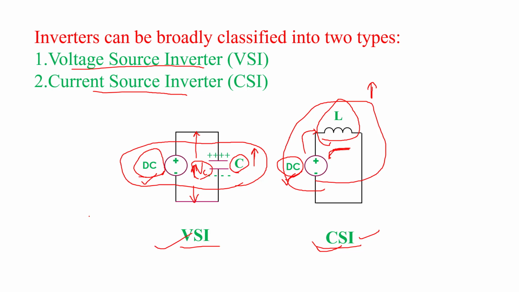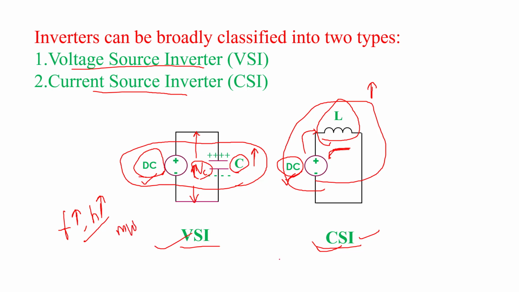These power semiconductor devices have high switching speed, it means these switches turn on or turn off very fast. So due to high switching frequency, these types of switches produce high harmonics in their waveform. Due to this high harmonics, the power handling capacity of the device is low. So the power handling capacity of voltage source inverter is a few milliwatt.